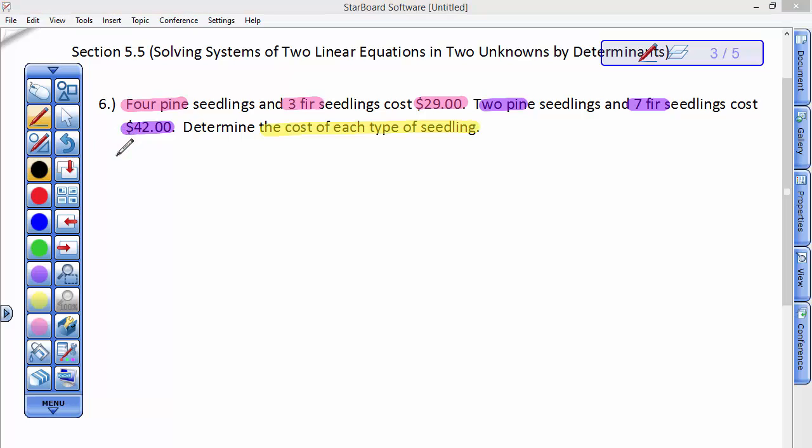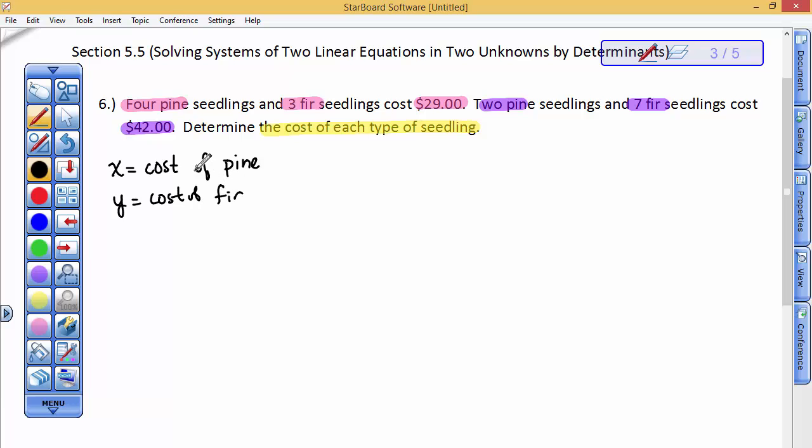That is the question. So what if we let X represent the cost of a pine, because that's what we want, the cost of each type, and let Y represent the cost of a fir seedling.